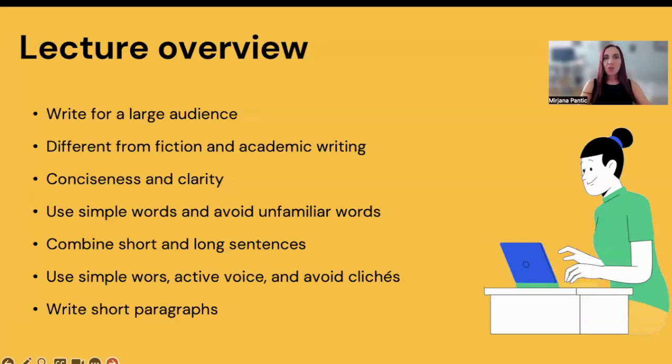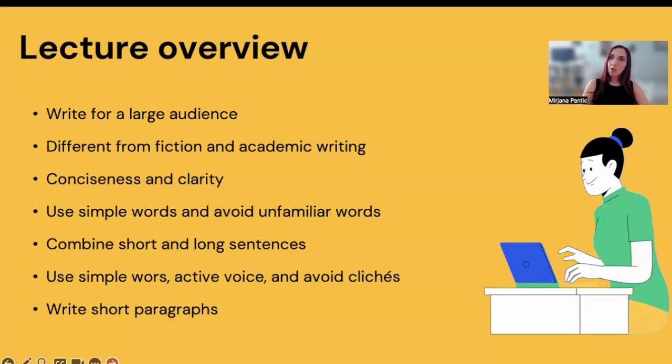But let me reflect on a couple of important things in this lecture. What is the first thing that you have in mind? The stories that you write are meant to be delivered to a large audience. If you are a TV reporter or a radio reporter, you also deliver your story to a large audience.